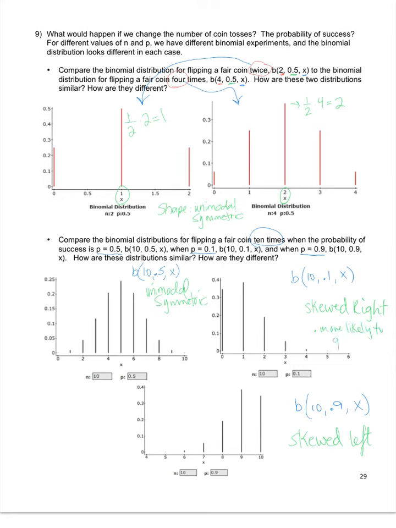Which another way of saying is you're more likely to get tails. You only have a 10% chance of getting heads, well then you have a 90% chance of getting tails. Here you're more likely to get a lot of successes, which means you're more likely to get heads, since we labeled a success as heads. So keep in mind that the probability of a success is going to play a role in the shape of these distributions.